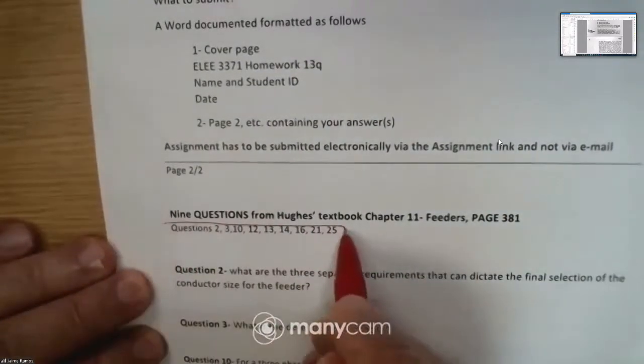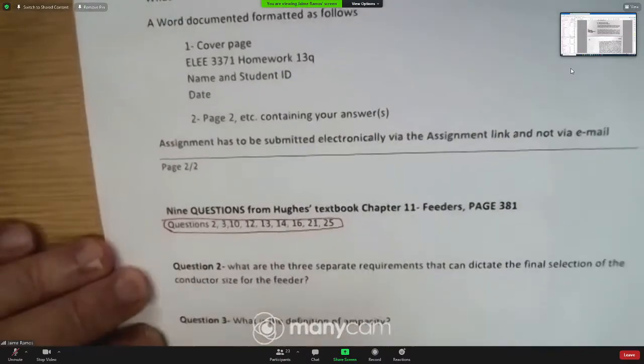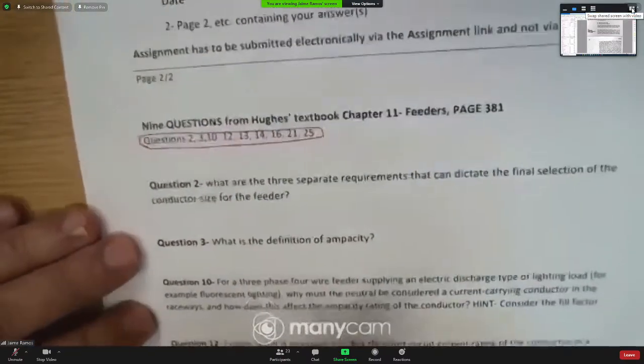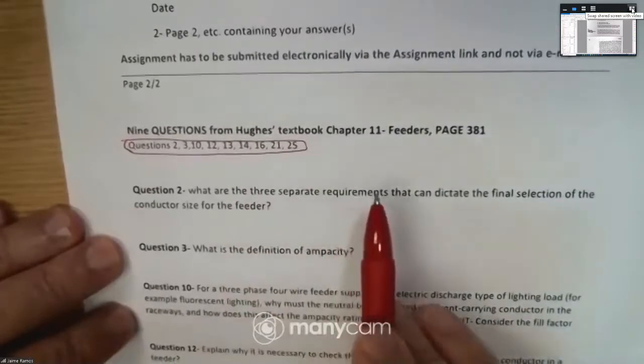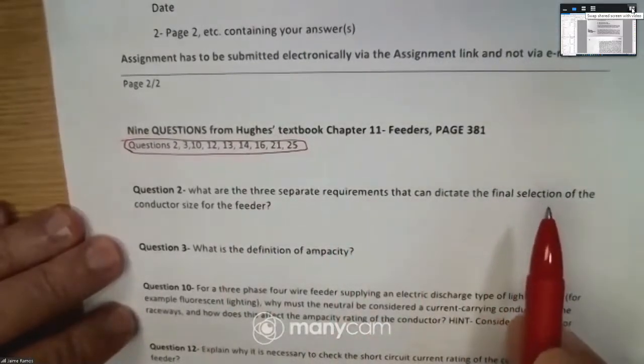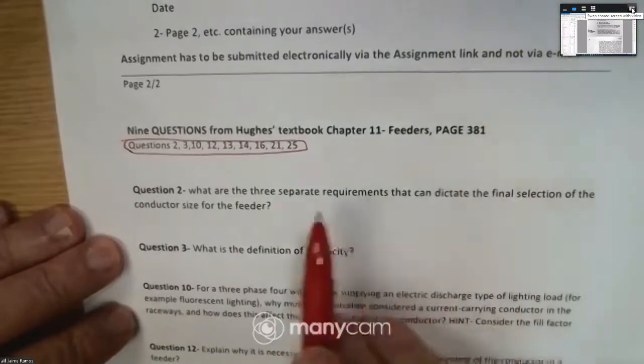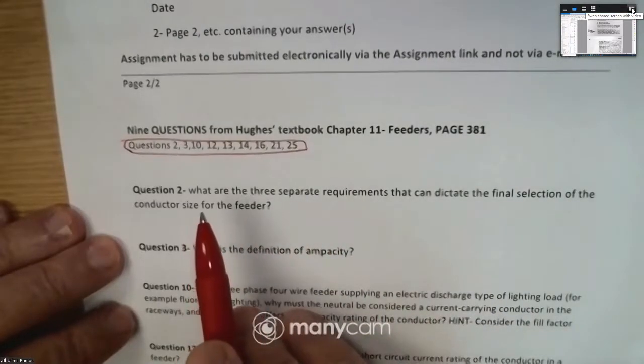Question 2: What are the 3 separate requirements that can dictate the final selection of the conductor size for the feeder?